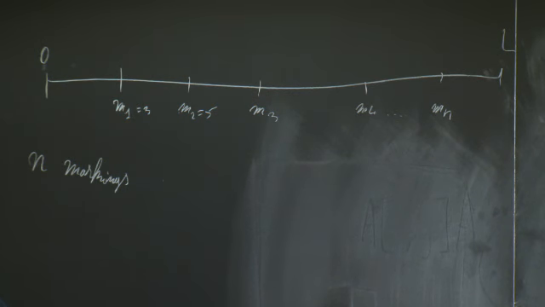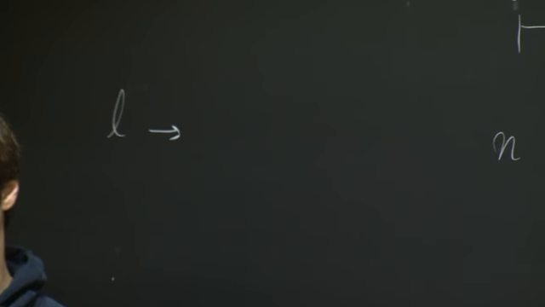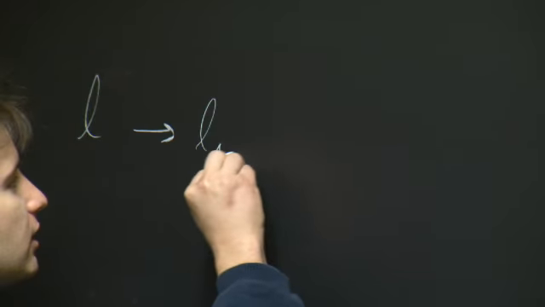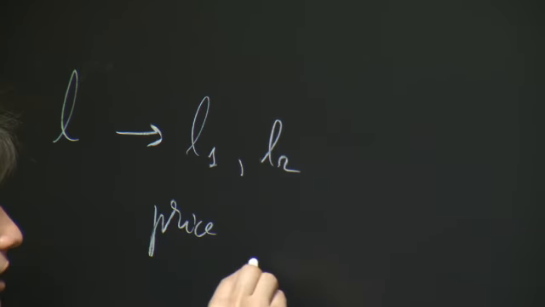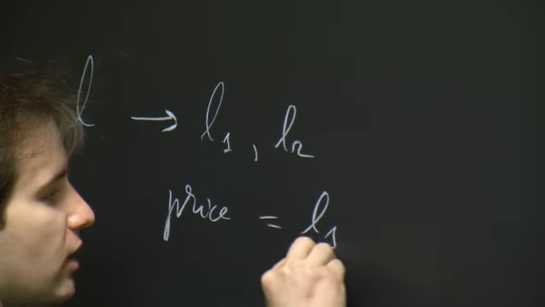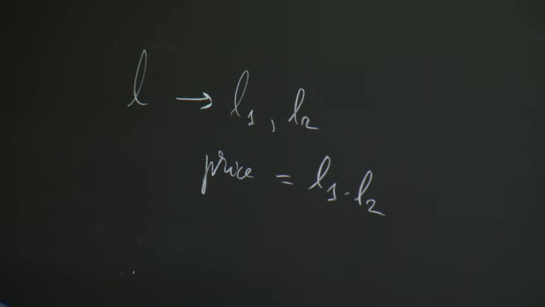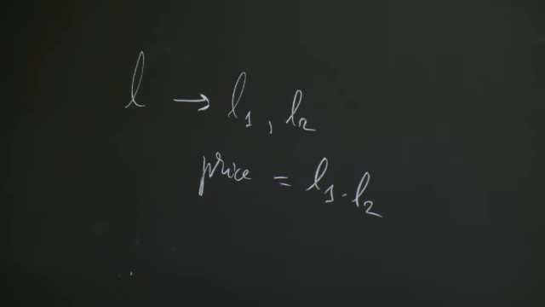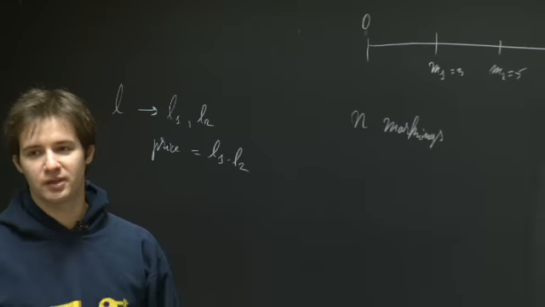The thing is, the woodchucker doesn't work for free. If you give it a piece of wood of length L, and you ask it to cut it at some marking, you're going to get 2 pieces of wood, length L1 and L2. The price for this is L1 times L2. So we like woodchuckers, but we also like our wallets. So we want to cut this up by paying the minimum amount of money.